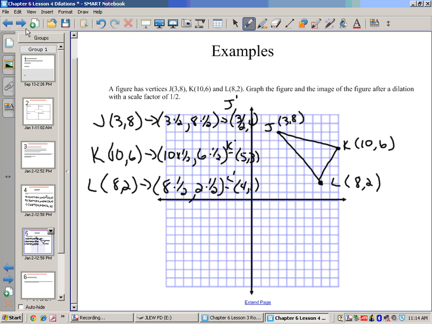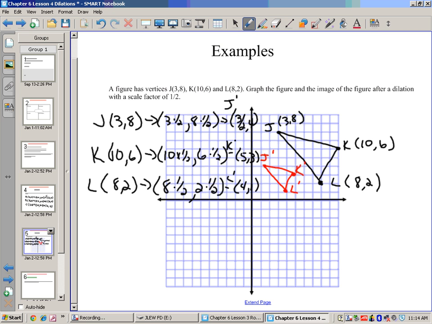And we're just going to graph those points. Our first point is (3.5, 4). So 3.5 is 1.5 basically, and then we're up 4. 1, 2, 3, 4. There's our new J. K is (5, 3). That's K. And L is (4, 1). That's our new L. Graph those.